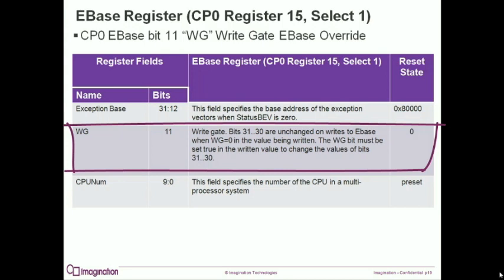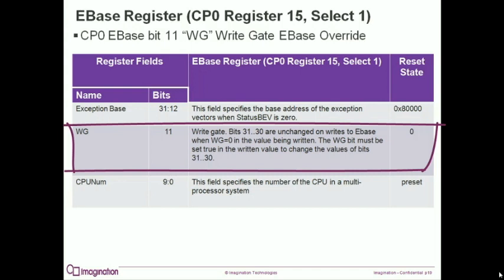For non-EVA cores, bits 31 through 30 of the exception base address are not writable and are set to a binary 10. This forces the exception to a virtual address in the legacy KSEG0 and KSEG1 segments.